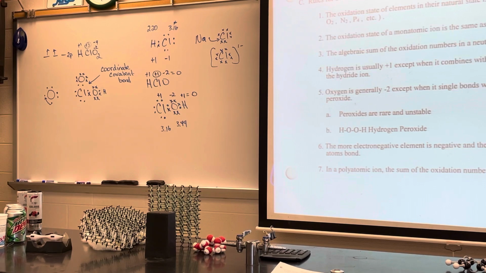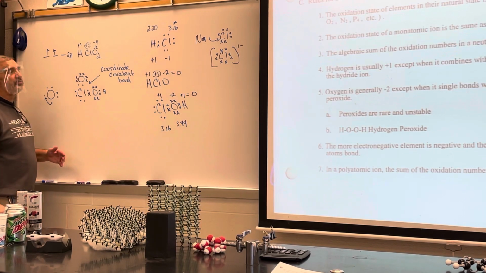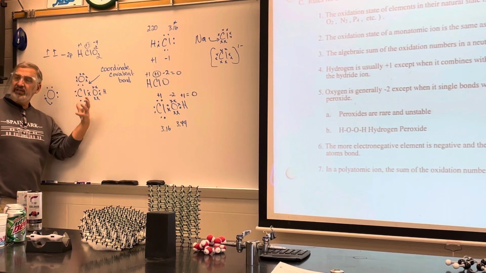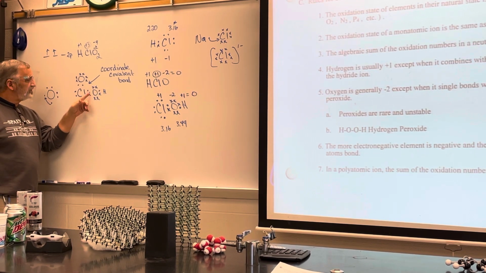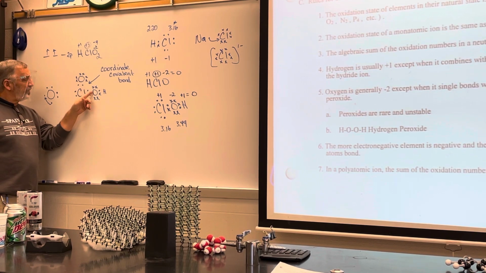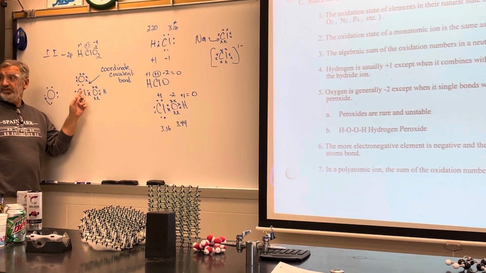Now, it's really kind of a moot point to even define this, because an electron is an electron is an electron. There's no difference between an electron of oxygen and an electron of chlorine. So this bond that has 1 from each is a sharing of 2 electrons between the 2 atoms.